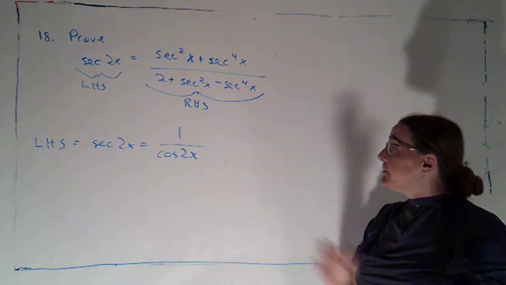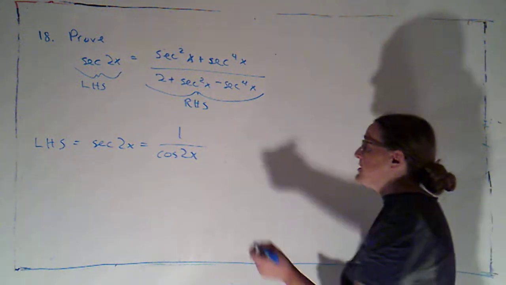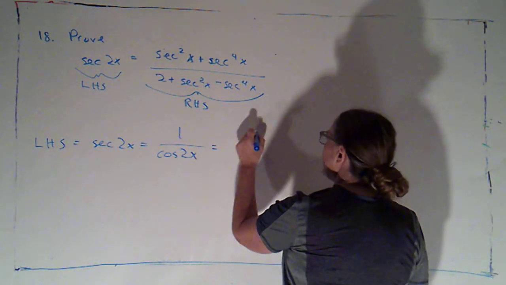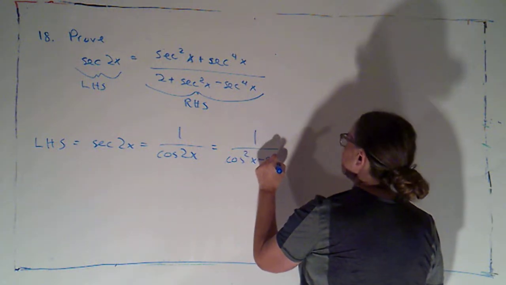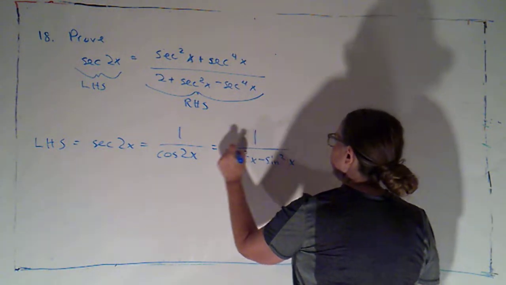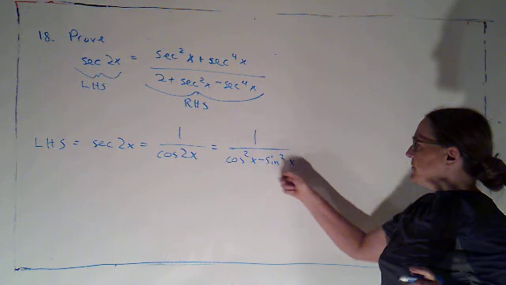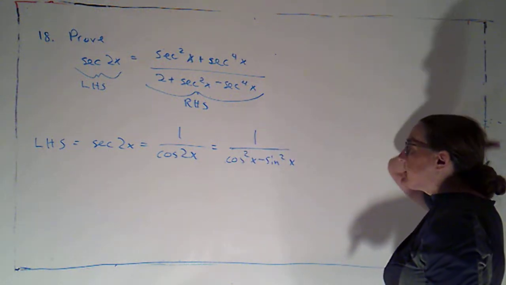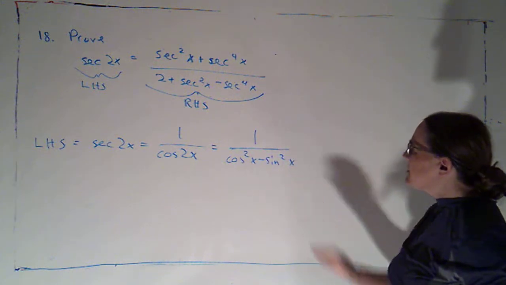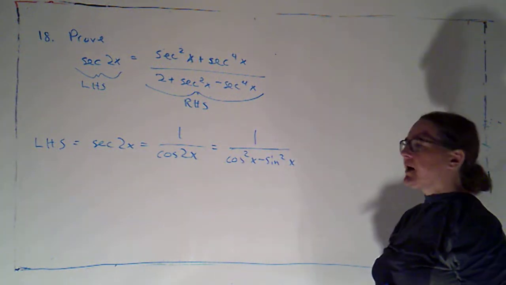Now, I've got 3 different versions that I can use. I'm going to just say this is 1 over cosine squared x minus sine squared x. Okay. That's the one that falls directly out of the sum formula for cosine. So it's usually what I start with unless I have a good reason for doing otherwise.